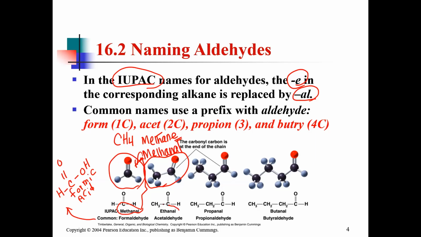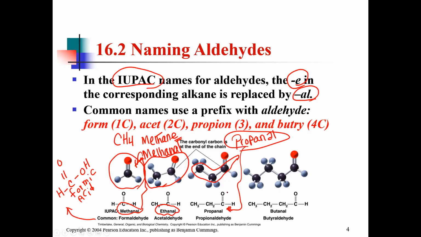Would you call it ethanal? That's IUPAC name. What if I had an alkane with three carbons, what would you call it? Propane? No, this is an aldehyde. All I have to do is remove E and add al. So propanal, that is the IUPAC name of this aldehyde.